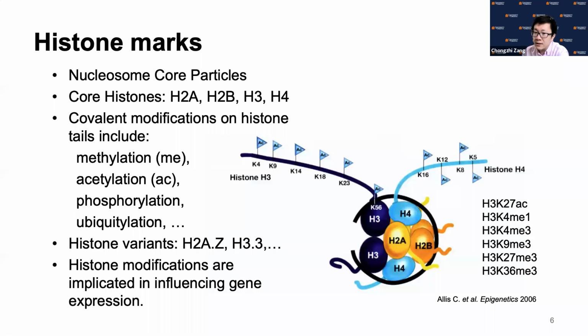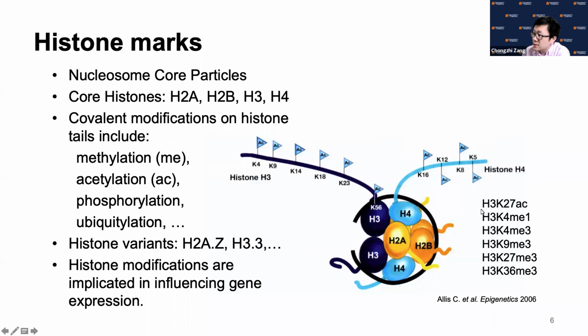I think nearly 100 different types of histone modification have been identified. I think Dr. Albo has given a more detailed overview of all of these modifications. Among those histone modifications, there are 6 of them that are most commonly used or widely studied.